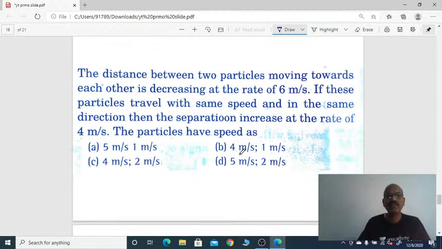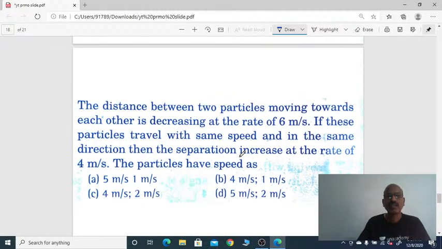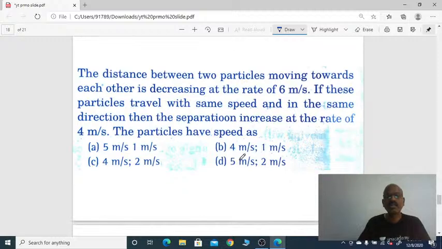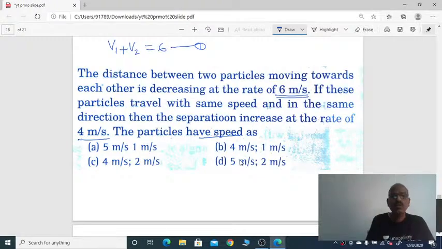Same model we did. Now, the distance between two particles moving towards each other is decreasing at the rate of... Now, if both particles move in the same direction, then it will be the difference between the two, V1 minus V2 equal to 4.